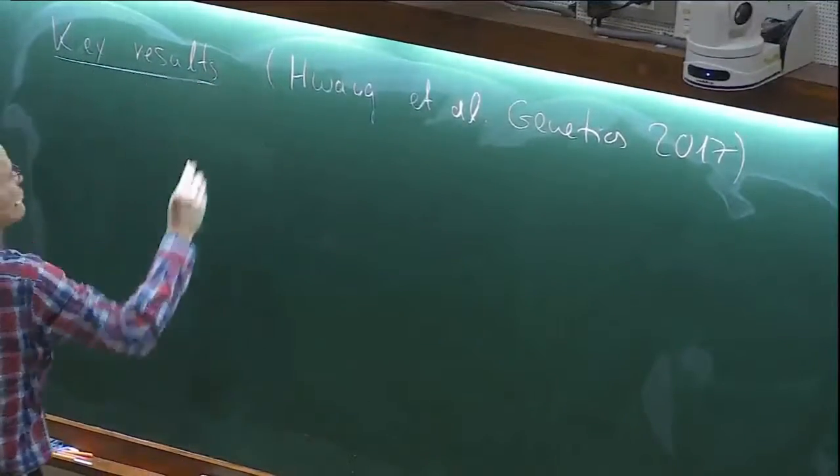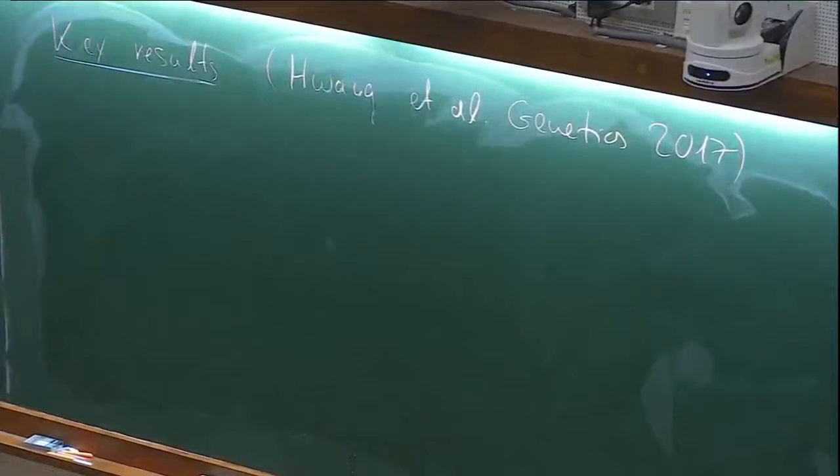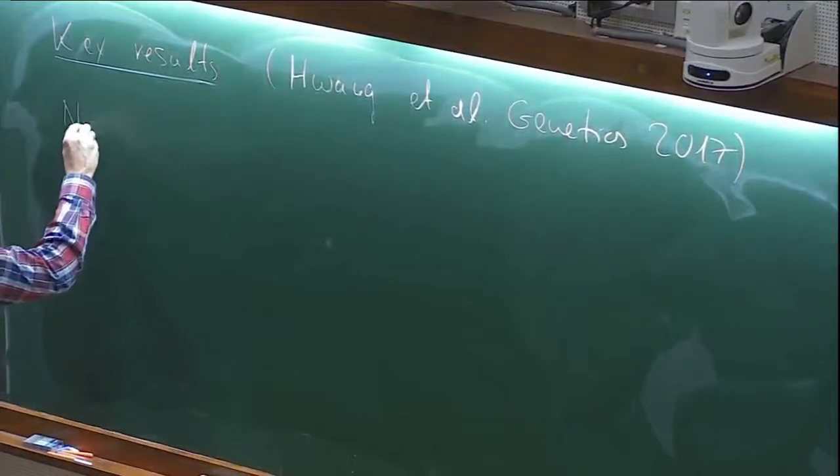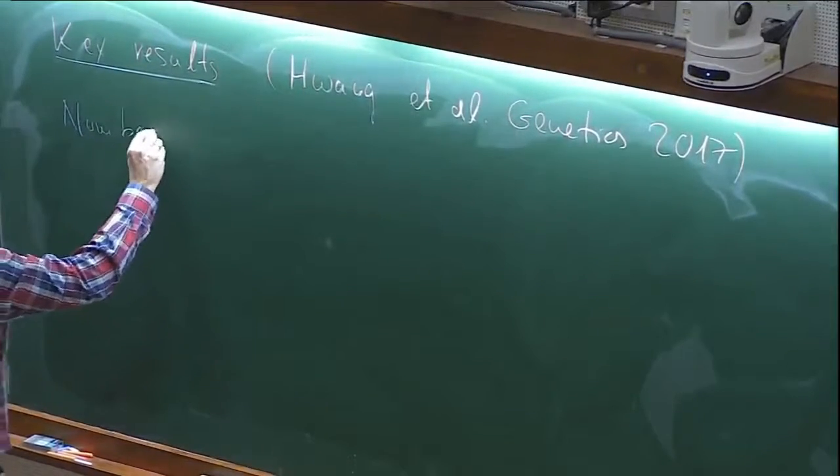And what we were primarily interested in here is, again, as a quantifier of the complexity of this fitness landscape, the number of local maxima in this fitness landscape. And so what does this depend on? So the number of fitness peaks.